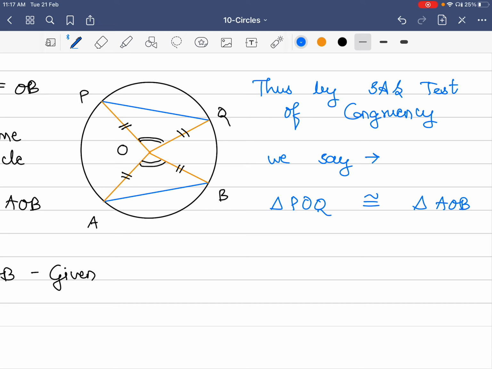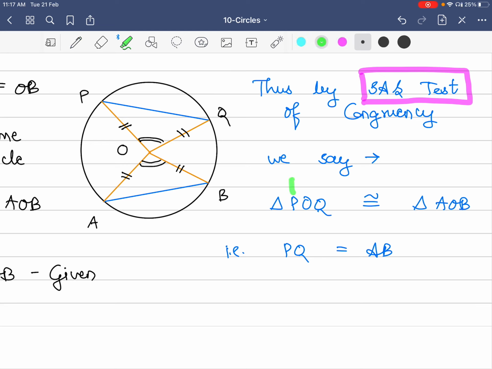Here we have used the SAS test of congruency, and we have proven that this triangle is congruent to this triangle. And thus, from this we conclude that PQ is equal to AB. Why?